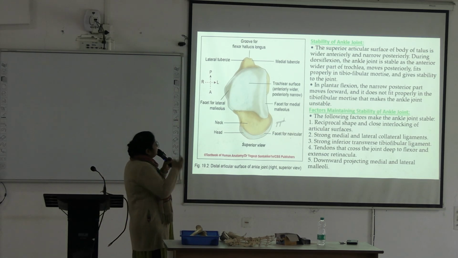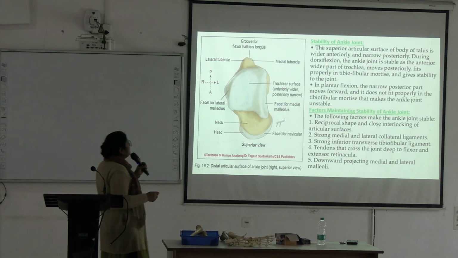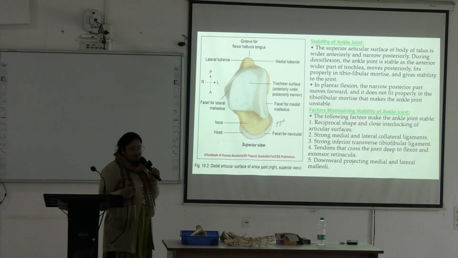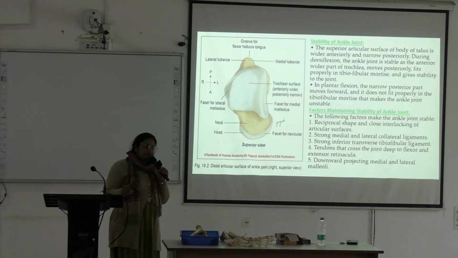So during dorsiflexion, the ankle joint is stable. This superior surface is wider anteriorly and narrower posteriorly. You can see here, it is wider anteriorly and narrower posteriorly. And dorsiflexion is like this, okay, and plantarflexion is like this, okay.